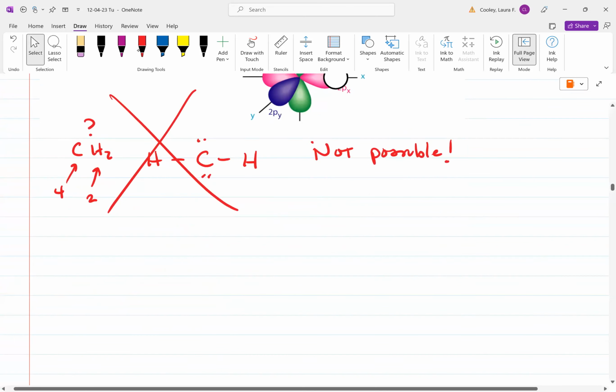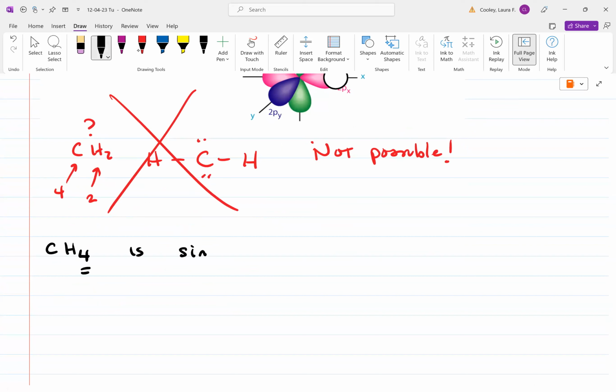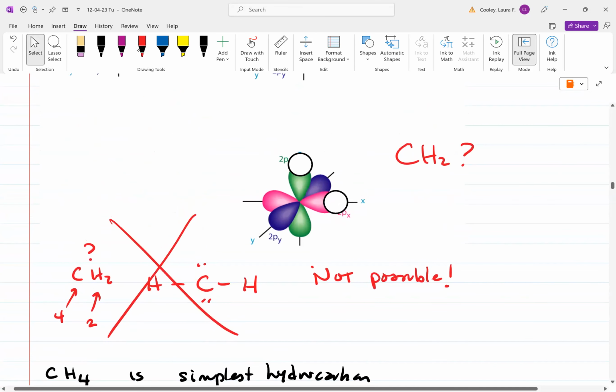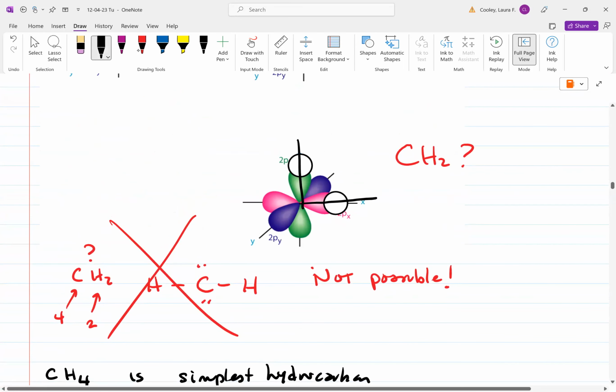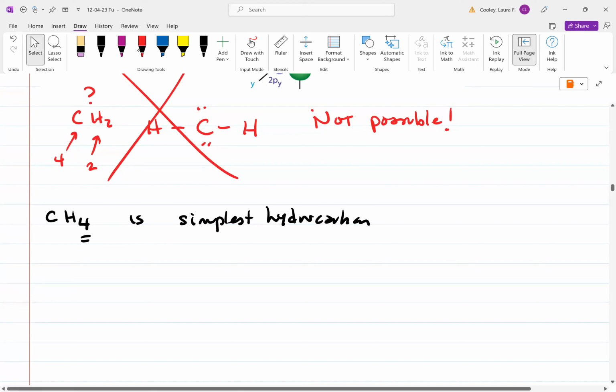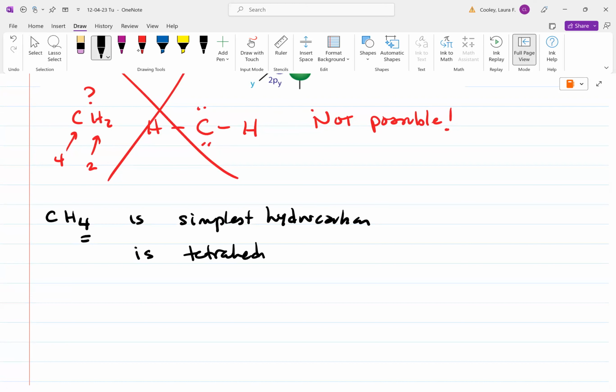By the way, if you had this molecule, what would the bond angle be? It would be 90 degrees, right? Because you would have your carbon here and your hydrogen nuclei here. This would be 90 degrees. But we know that CH4 is the simplest hydrocarbon, that it is tetrahedral, and that it has a 109.5 degree bond angle.